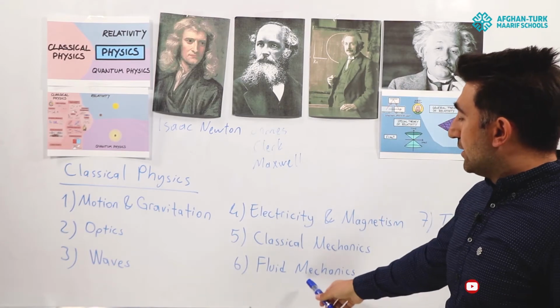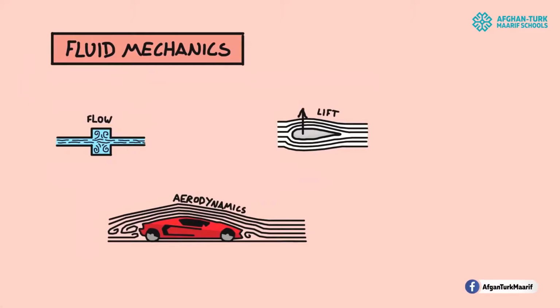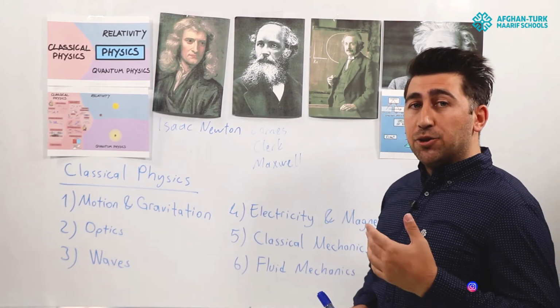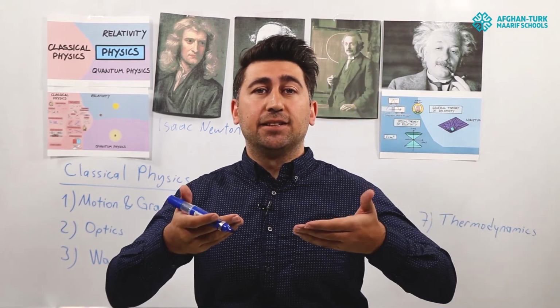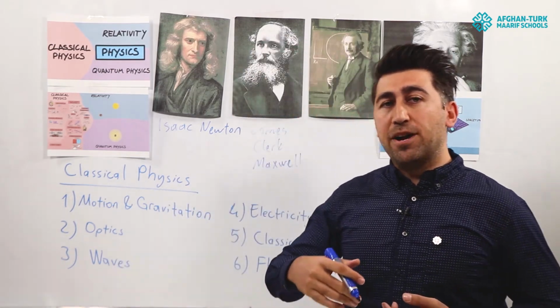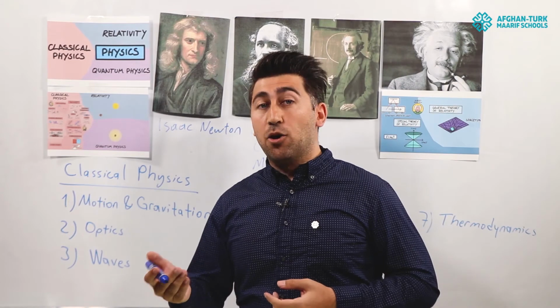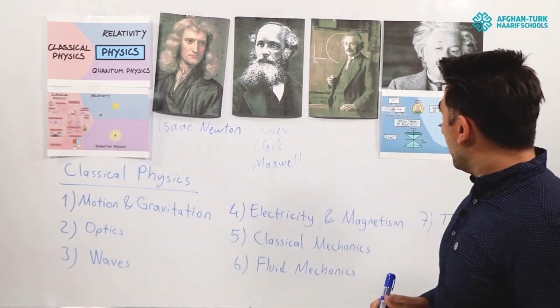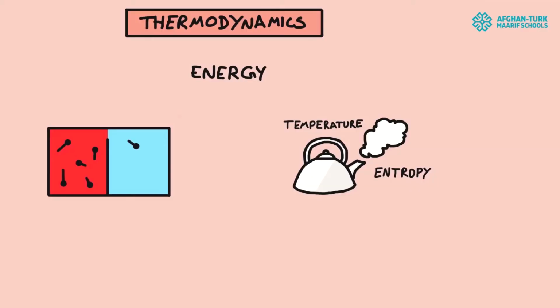Fluid mechanics. Fluid mechanics is the description of fluids, liquids and gases. Using fluid mechanics, we can work out how much lift is generated by an aeroplane's wing, or how aerodynamic a car is.